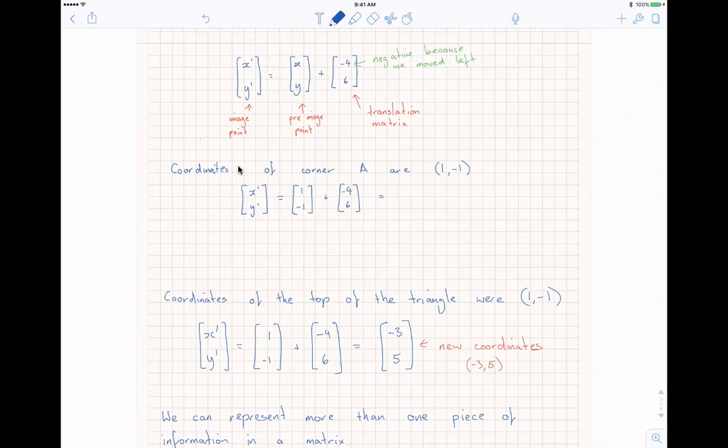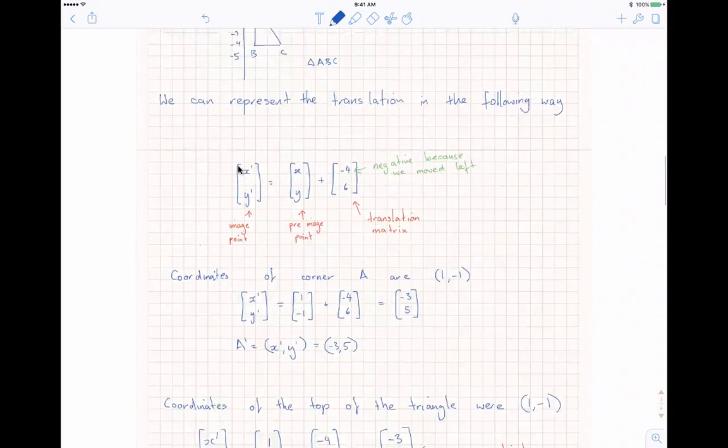Remember, for addition of matrices, we add elements in the same position, so we add the 1 to the minus 4, which gives us minus 3, and we add the minus 1 to the 6, which gives us 5. So our new coordinate, x dashed, y dashed, for A, so that's A dashed, is minus 3, 5.